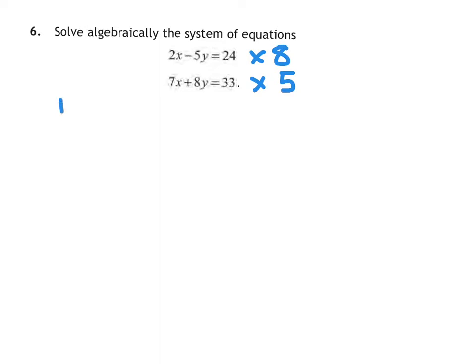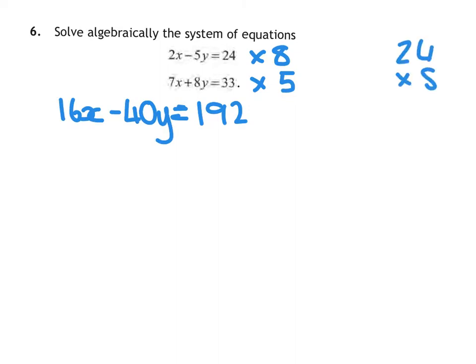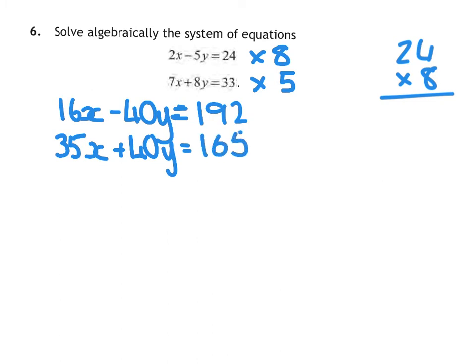So 8 times 2 is 16x minus 40y equals, now that's 192. You could always do 24 times 8 at the side if you're struggling. Times the bottom through by 5 gives me 35x plus 40y, and then 5 times 33 is 165. Again, I've already done this sum, but you could do a wee sum at the side.